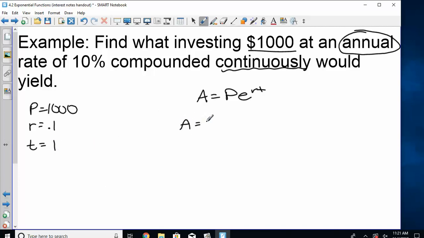So if we plug it in, just don't mess that up. You have an E button. It's above the LN. So if you hit second LN, it brings up that e to a power. So we should end with $1,105.17.